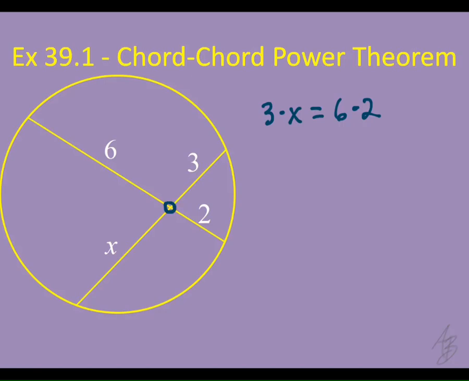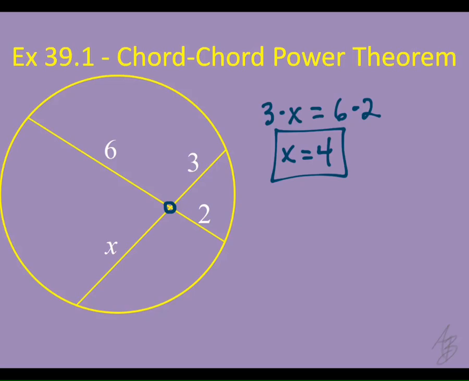And so we can do this part here times this part here equals this part times this part. So at that intersection, we're going each way on each chord. What do we end up getting for x then? 4. Pretty easy, right?